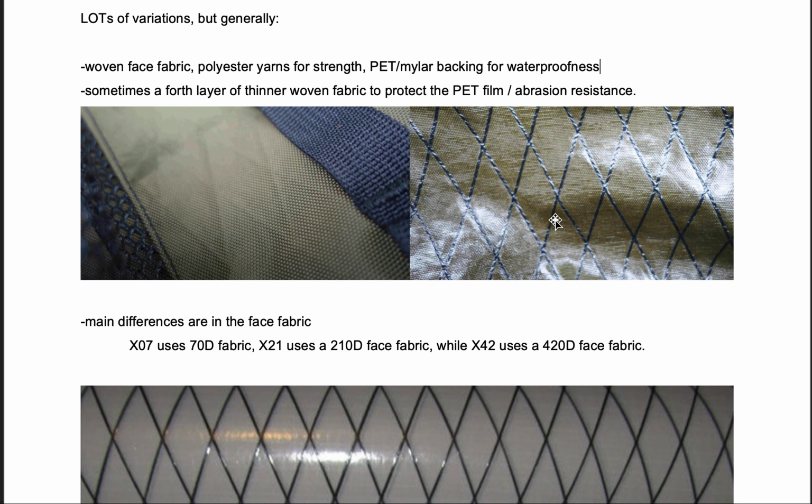So the polyester yarns are sandwiched between the woven face fabric and a single layer of PET plastic, which is for waterproofing. And then sometimes there's a 4th layer to protect that PET plastic layer.